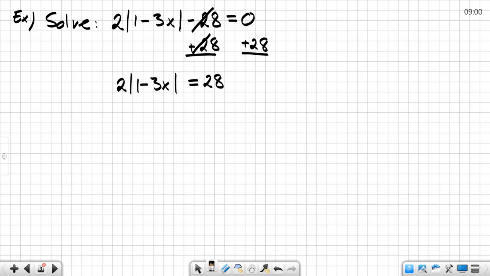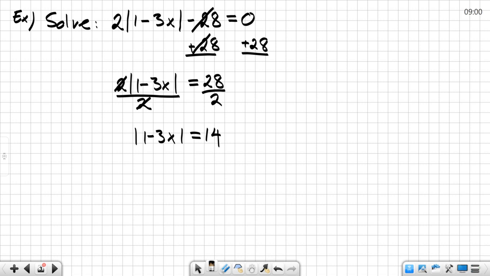Now, I still have multiplication. Do not multiply this in as if the absolute value bars are parentheses. You cannot necessarily do this. What I can do is divide both sides by 2. This 2 now cancels out, and I have the absolute value of 1 minus 3x is equal to positive 14.